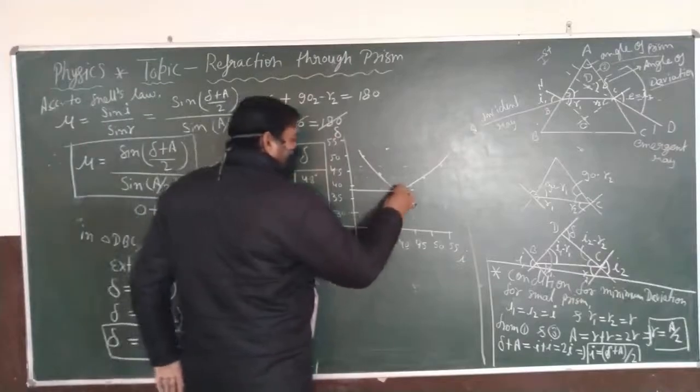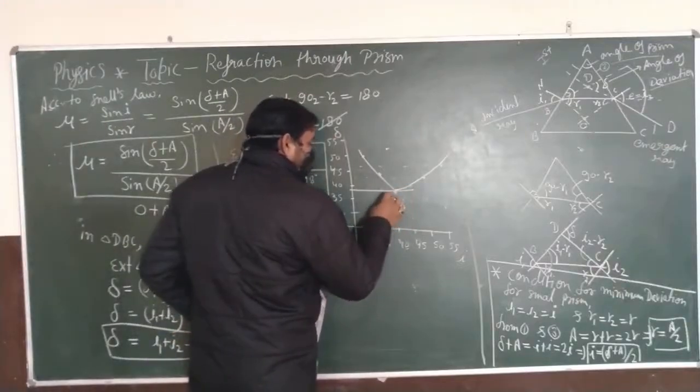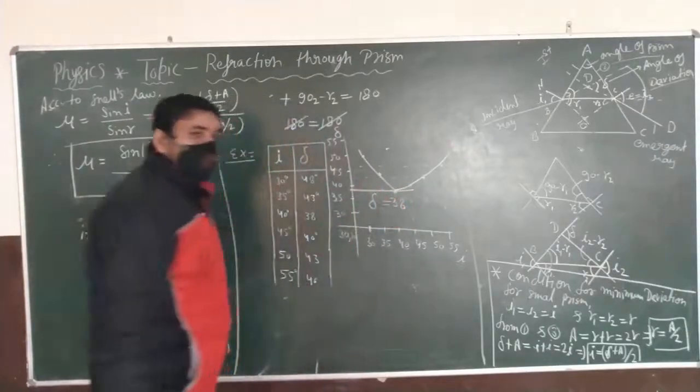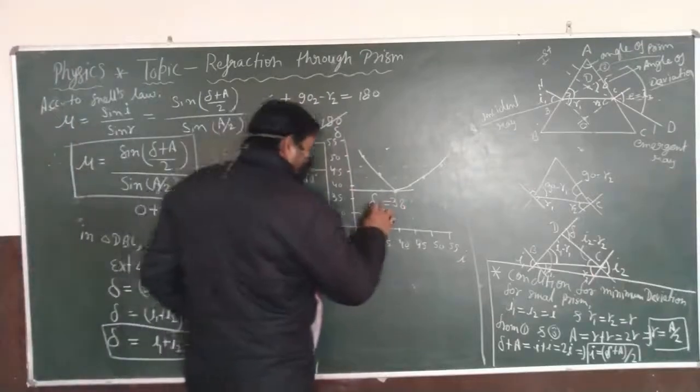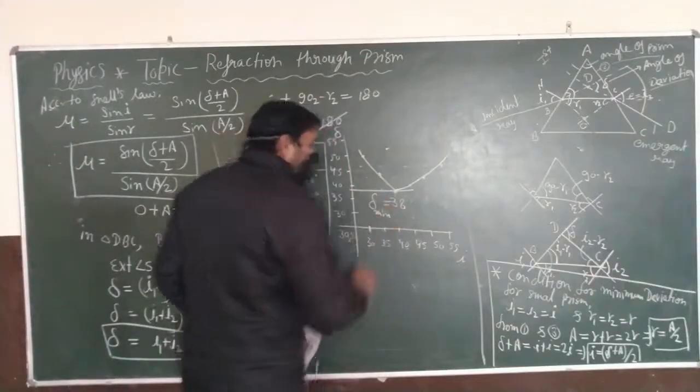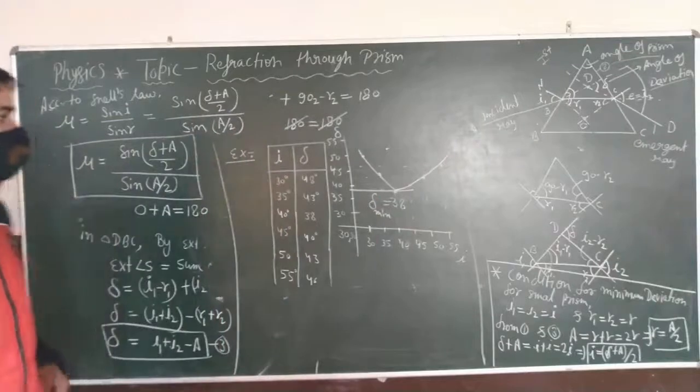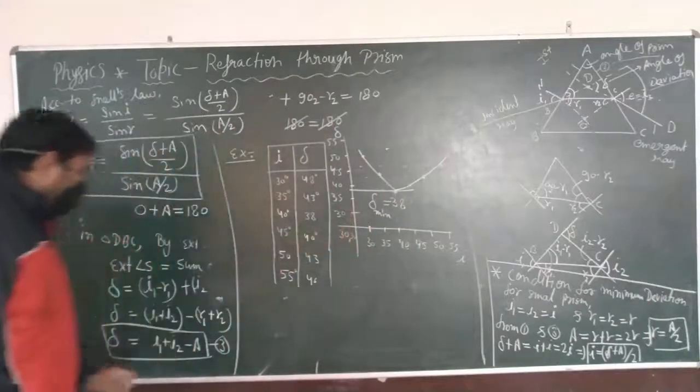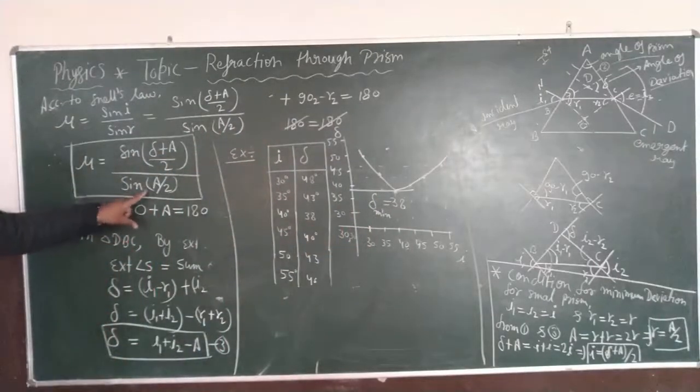We call this the minimum angle of deviation. This we get by using that formula. Okay, note it.